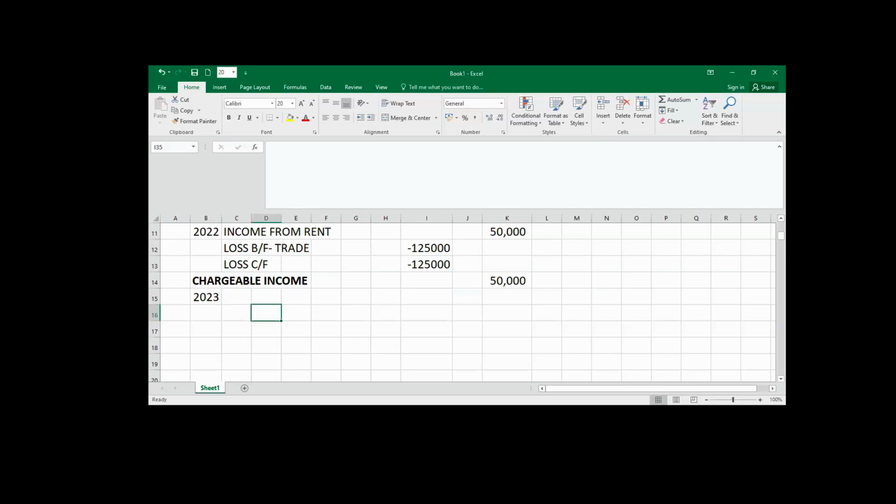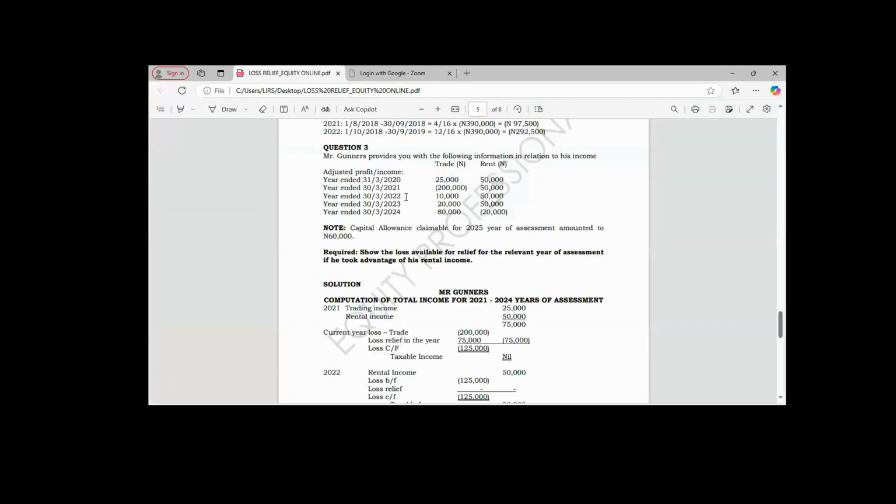In 2023, which is for year ended 30/3/2022, we have income from trade and from rent: trade income, 10,000 naira. We also have rental income of 50,000 naira.